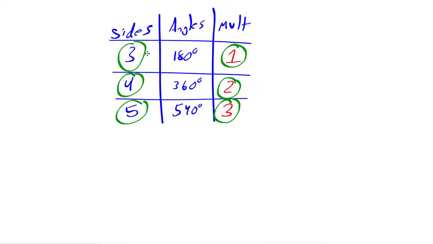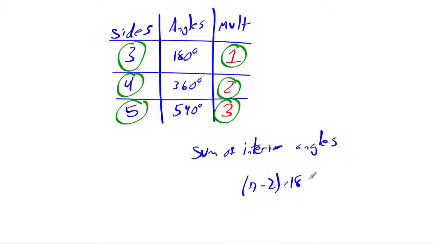If we subtract 2 from the sides, we're going to get what we multiply 180 by. So that means that to find the sum of interior angles, we can take the amount of sides that we have, subtract 2, and multiply by 180.